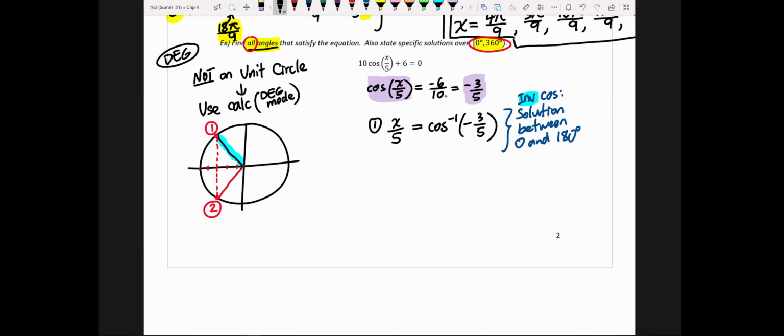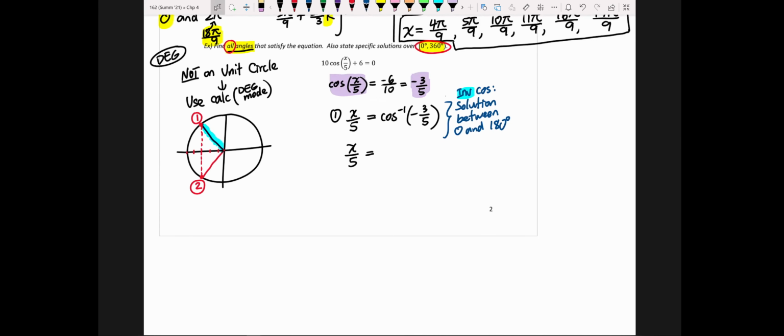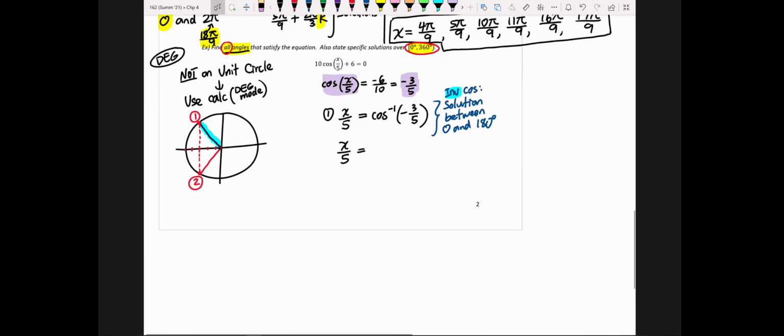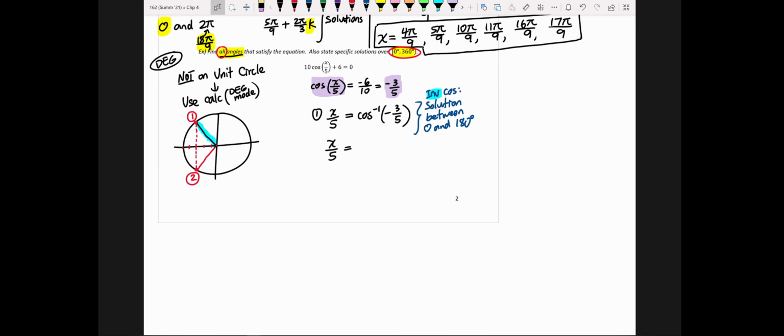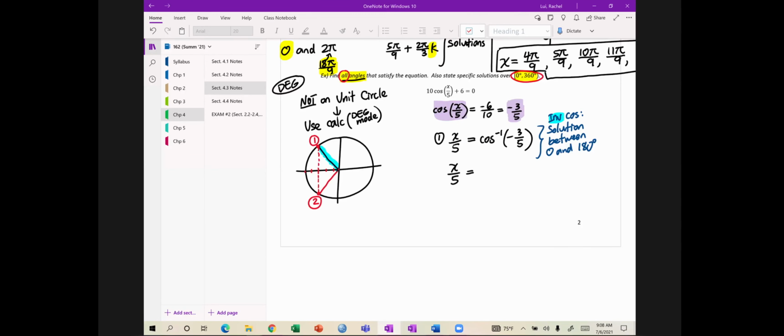So students, what is the solution for x over 5 between 0 and 180 degrees? And then remember, since it's not a final answer, we do not round. We leave it out. We only round the final answers.